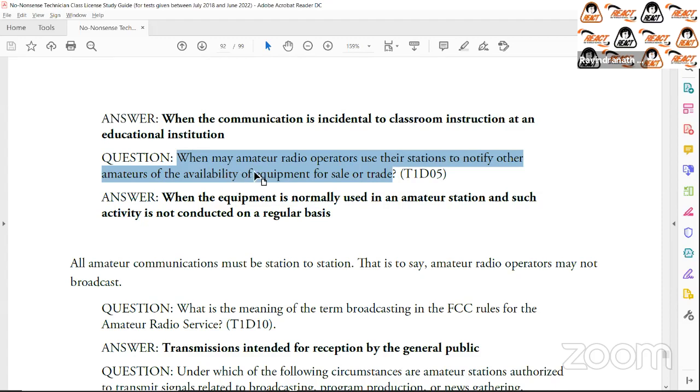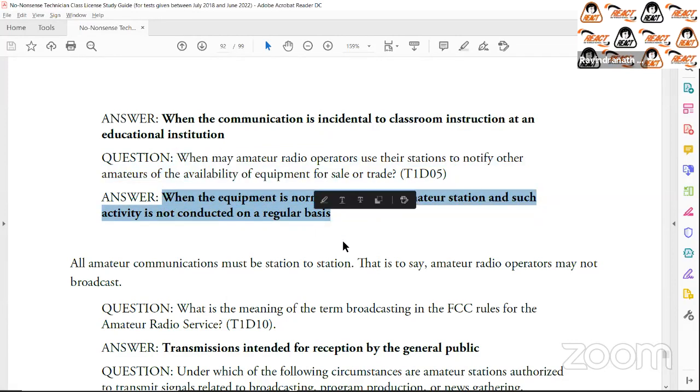When may amateur radio operators use their stations to notify other amateurs of the availability of equipment for sale or trade? So when can you advertise that you have equipment for sale? Well, it is when the equipment is normally used in an amateur station and such activity is not conducted on a regular basis. In other words, I cannot come on the air and every time I am transmitting, I'm advertising a Yaesu or an ICOM or Kenwood radio for sale and so on.